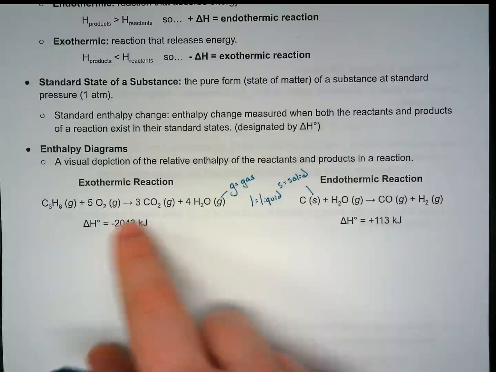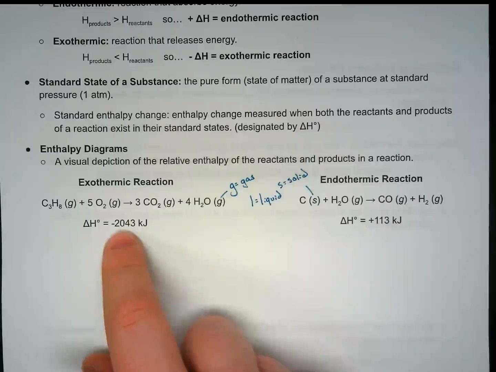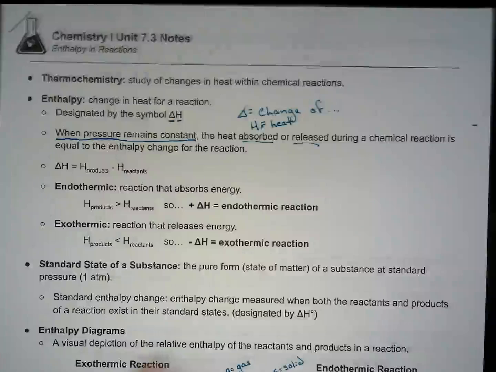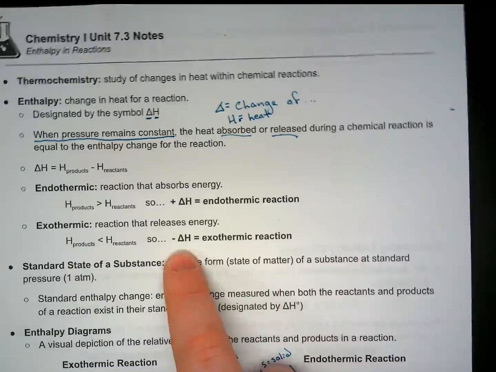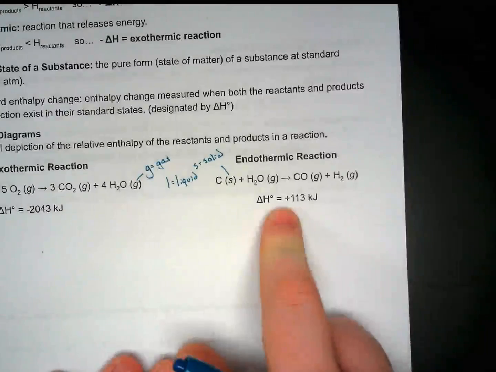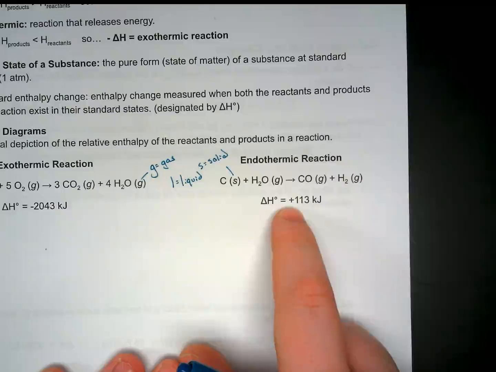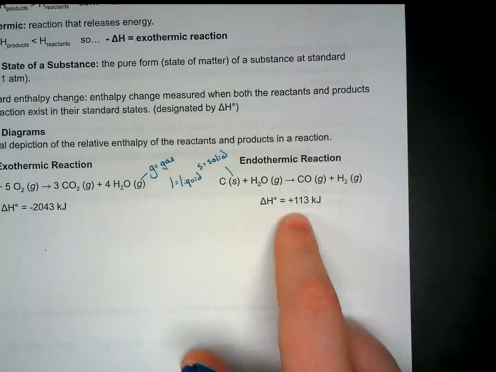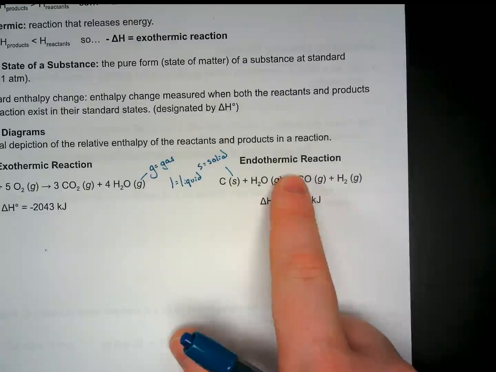I know that just by looking at it because I have a negative enthalpy. Remember, negative enthalpy tells you that's an exothermic reaction. While this one over here has a positive enthalpy, positive 113 kilojoules, and so this tells me this is an endothermic reaction.